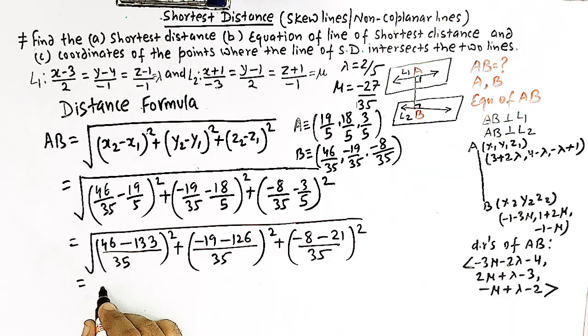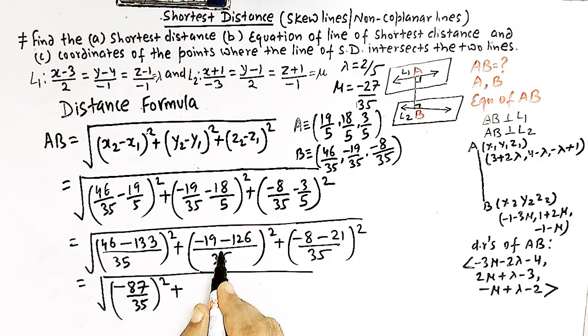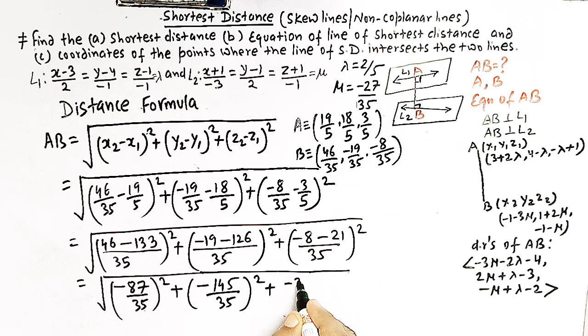So now we can write 46 minus 133 is minus 87 over 35, and then we have minus 145 over 35, and then we have minus 29 over 35, and square.